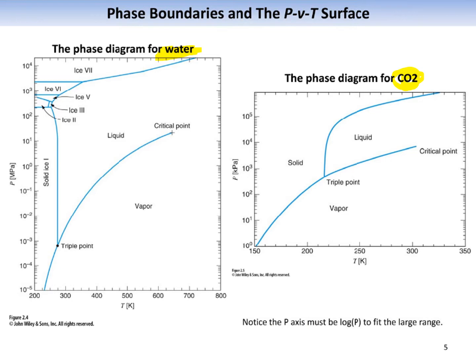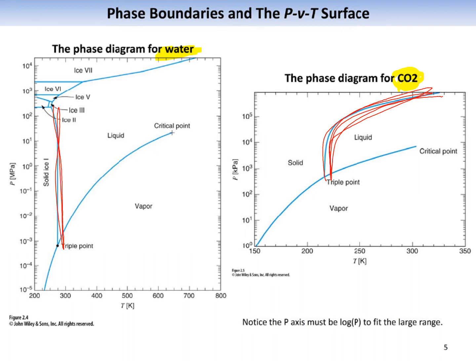We can see this difference in behavior of water and carbon dioxide. For water this line is straight, for carbon dioxide it's not straight. It takes this turn and moves toward the right when we increase temperature or pressure.